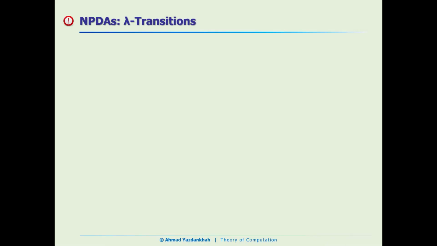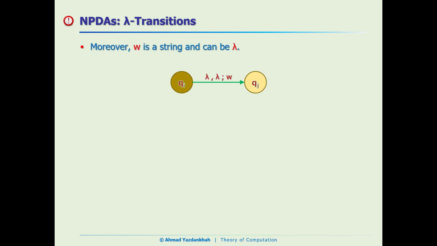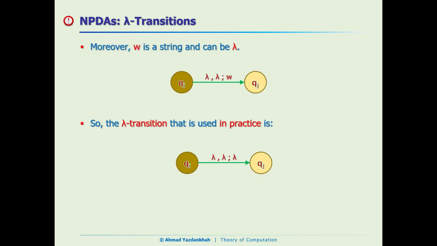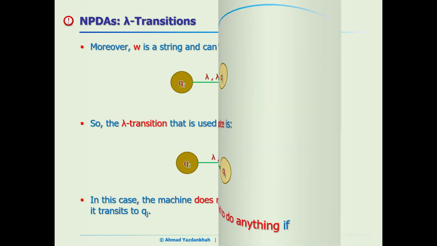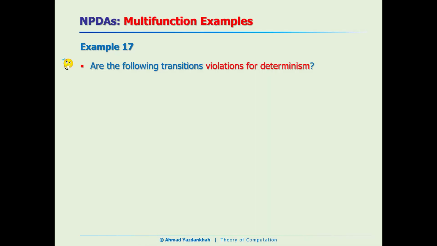In practice, as I explained, we will be using the transition that has lambda in all three parts. In this case, the machine unconditionally moves from Qi to Qj, and it doesn't need any pushing as well. Now let's talk about the multifunction example, which is another way that we violate determinism.